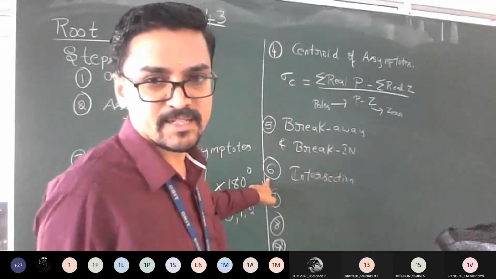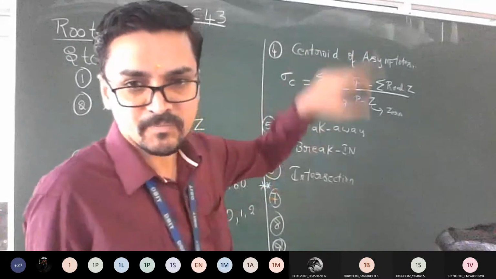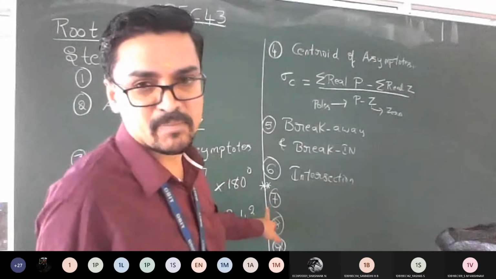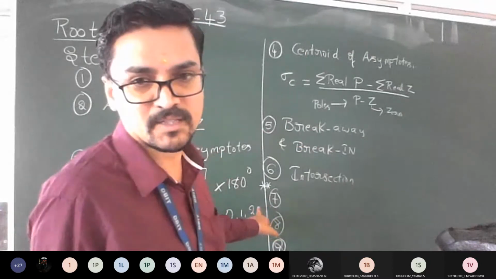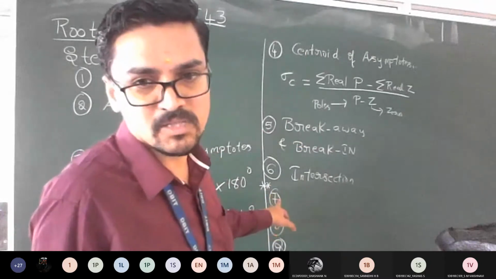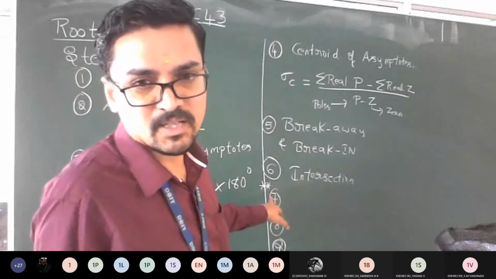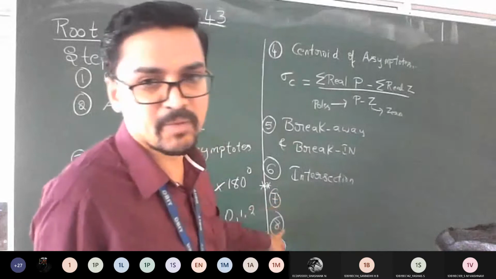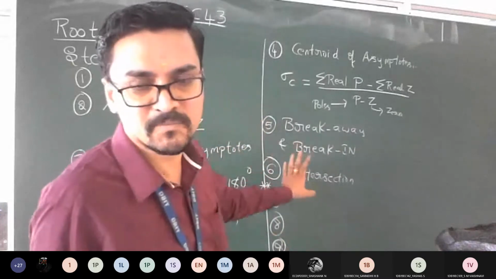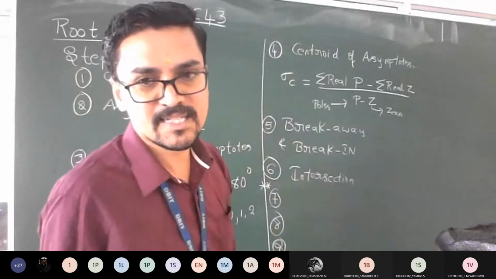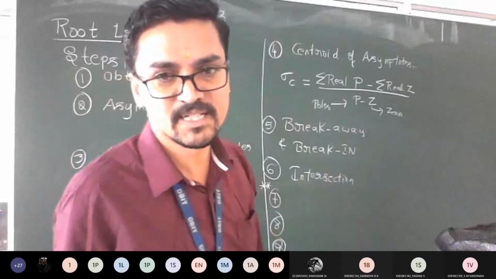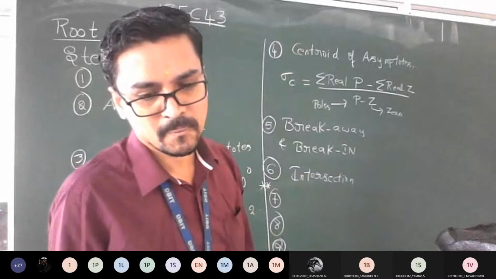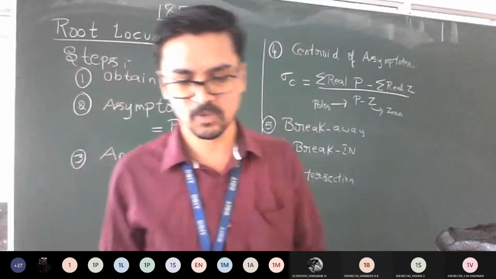Then step number 6, the intersection with your y-axis or imaginary axis of the root locus. Then step number 7 is optional. This comes whenever there are complex poles, angle of departure, complex zeros, angle of arrival. Then step number 8 is a combination of step 1 to step 7 to plot the root locus, and the last step will tell you its stability by seeing the sketch. Is it okay till here? Everyone, is it okay?